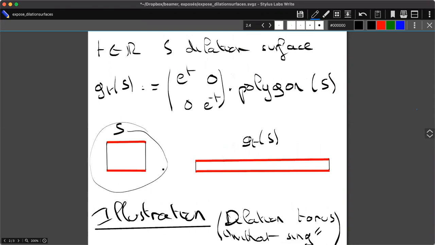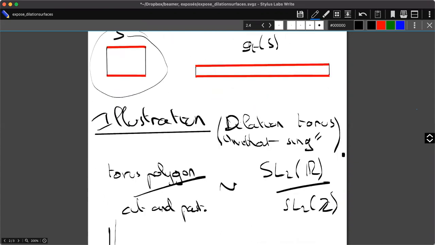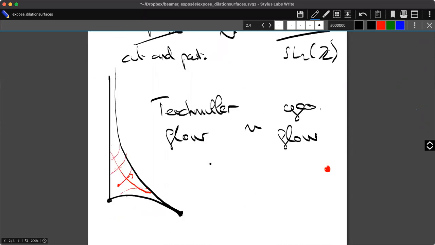But in this case, you can show that all the torus polygons, when glued together by affine maps, give you back a torus, up to the cut and paste operations. This is exactly this quotient of two groups, SL2R divided by SL2Z. If you're not very familiar with groups and such, that's not very important, but it's just a very nice orbifold. So I draw it here. It's the modular surface.